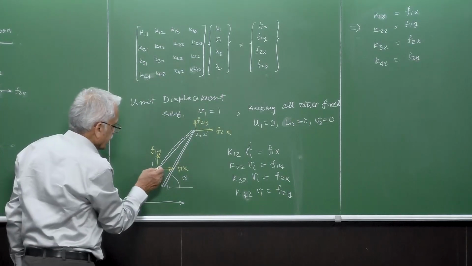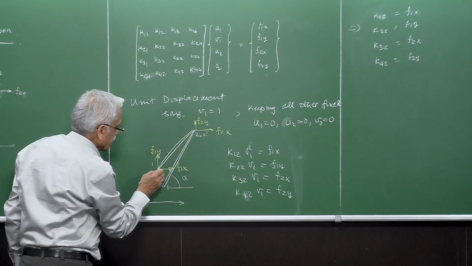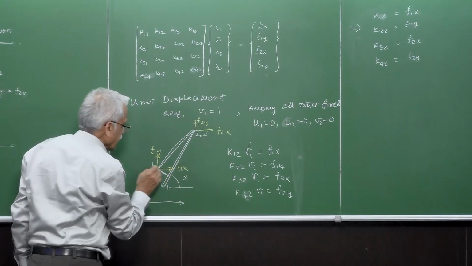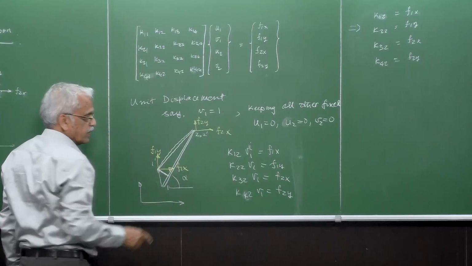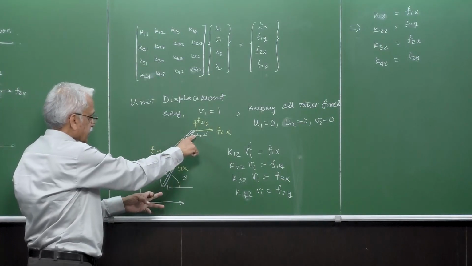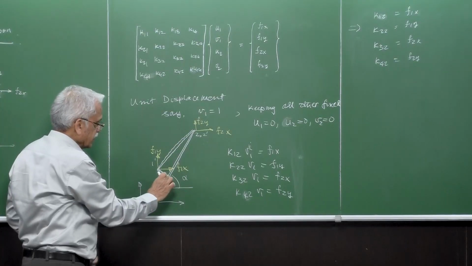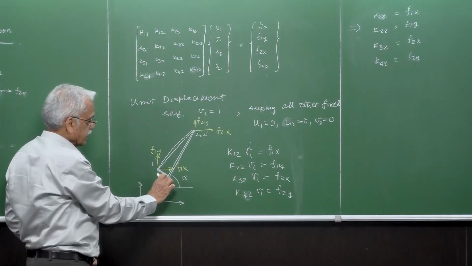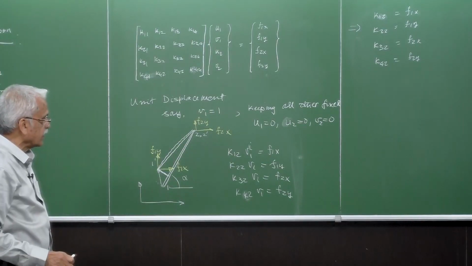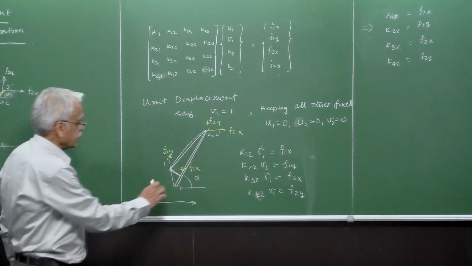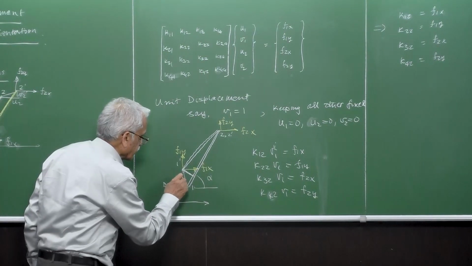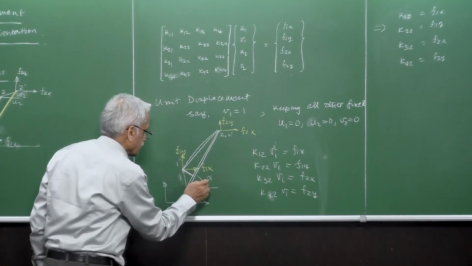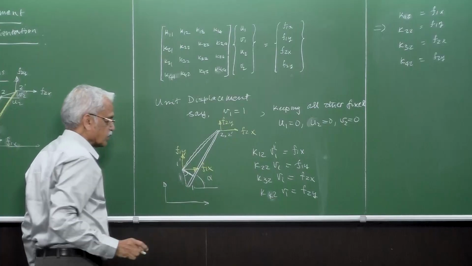The shortening can be found by projecting this 1 prime, 2 prime onto the original orientation, and this part becomes the deformation in the length of the element. And how much is this? If this is 1 unit displacement, and the angle is alpha here, then this is also alpha.